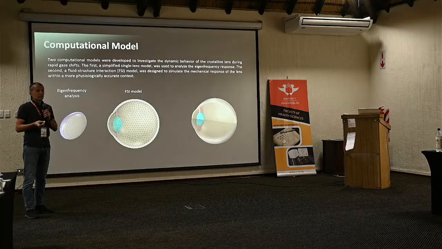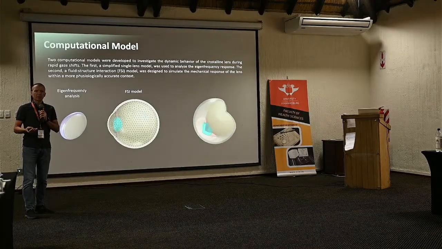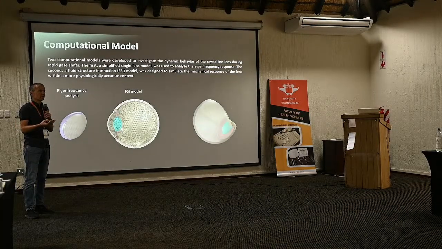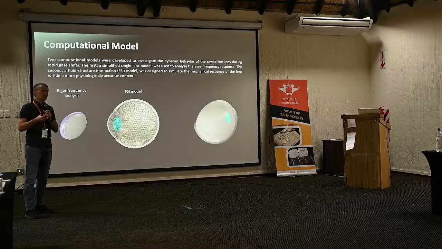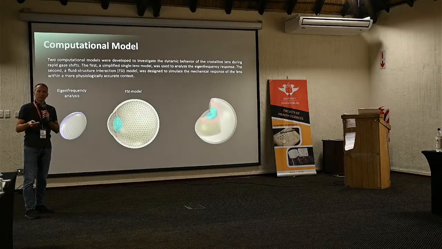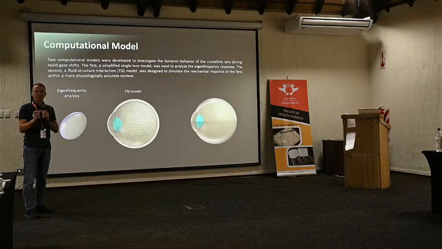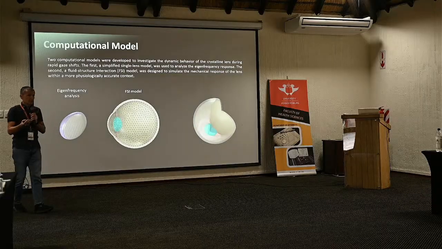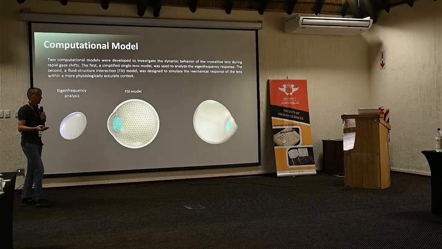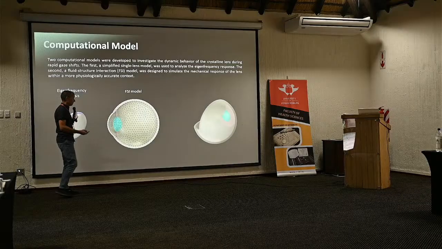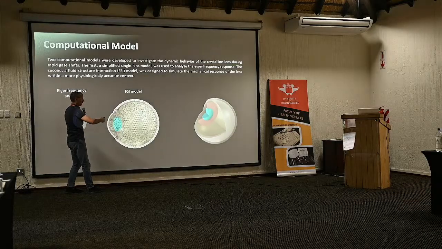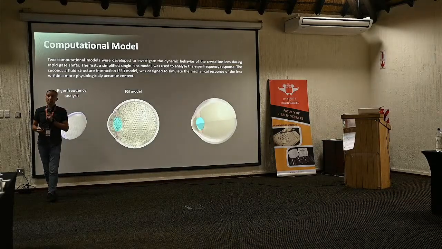But this model is not able to show what is happening if there are different structures considered in the dynamic simulation, and it is also not able to show the effect of the intraocular pressure in the anterior and posterior chamber and in the vitreous chamber.